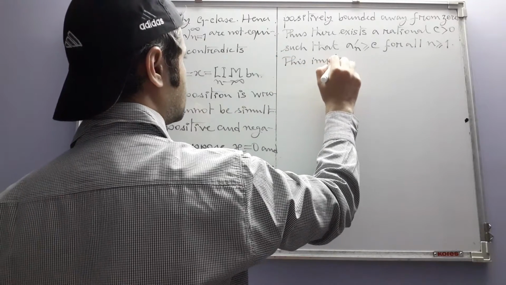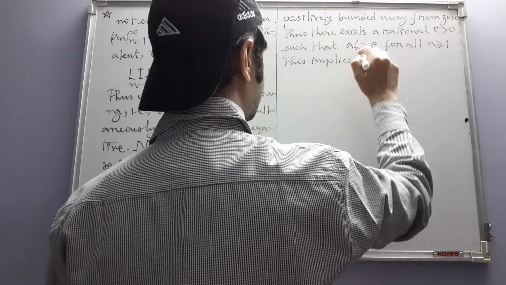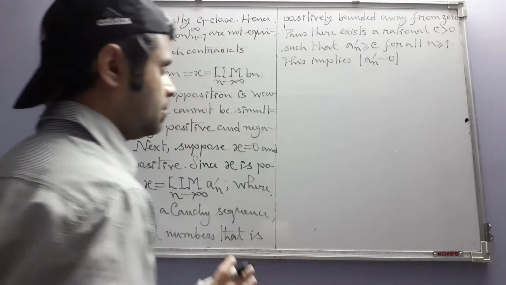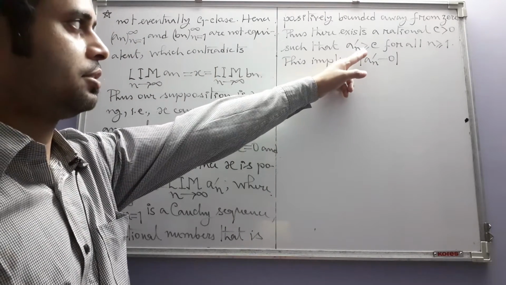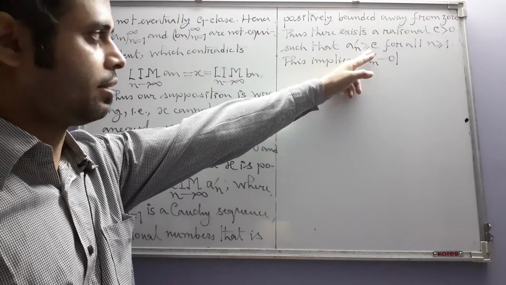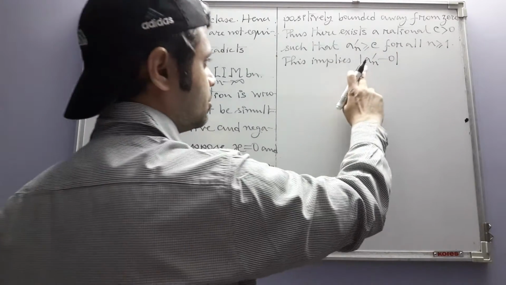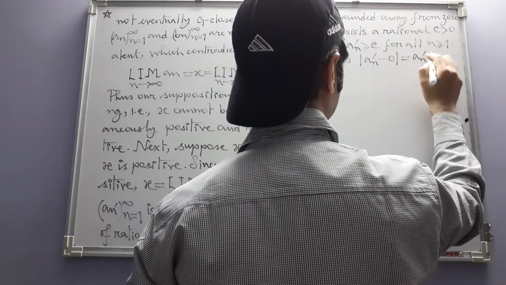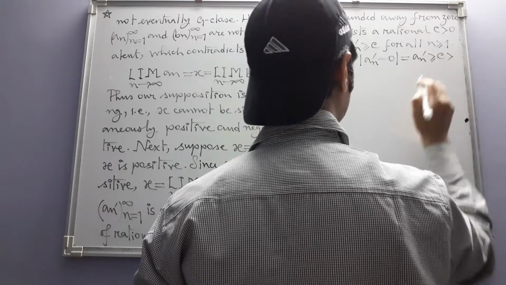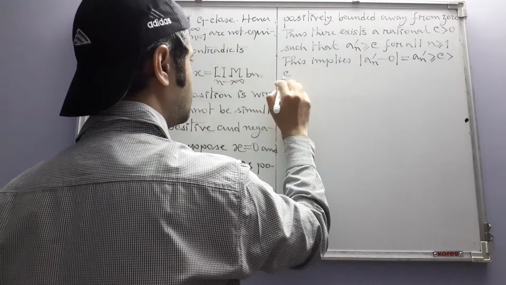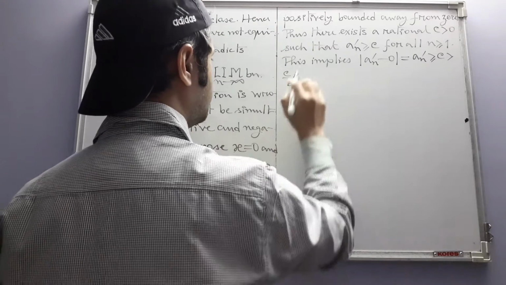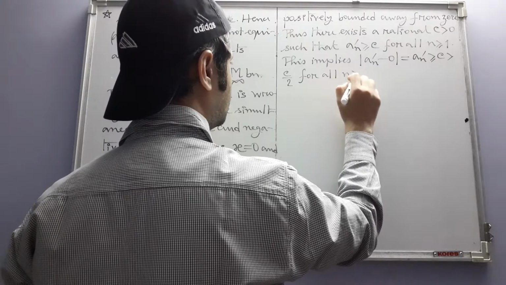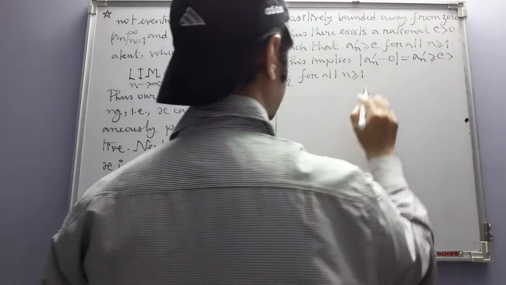This implies the distance between an prime and 0. Since each an prime is positive, that's because each an prime is at least C and C is positive. So this absolute value is equal to an prime, which is greater than or equal to C, which in turn is strictly greater than C by 2 for all n greater than or equal to 1.